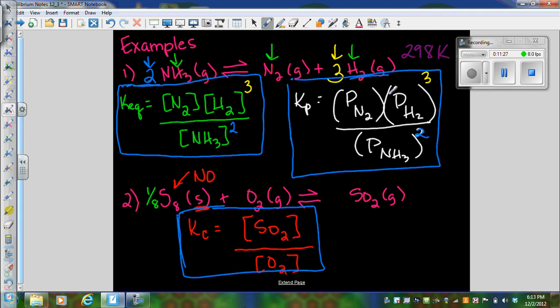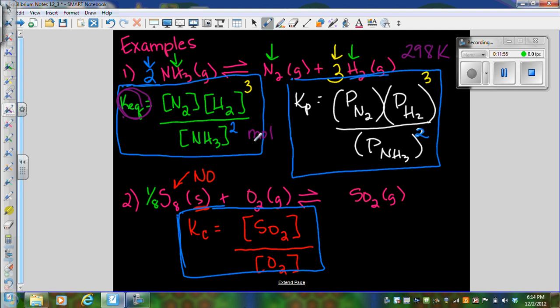The reason for this is because equilibrium constants are a particular number at a certain temperature. And as temperatures change, the value of this equilibrium constant will change. If you think about it, we're talking about concentrations or pressures, both of which will be influenced by changes in temperature.